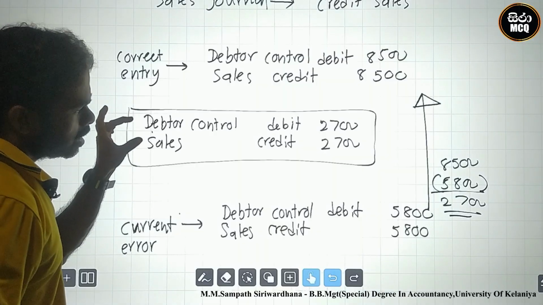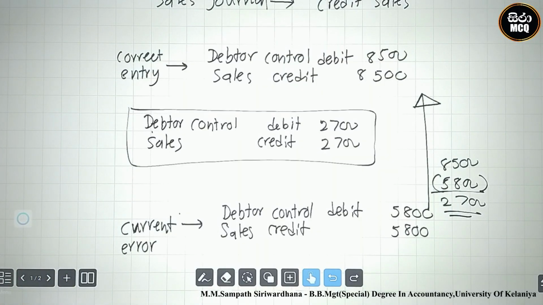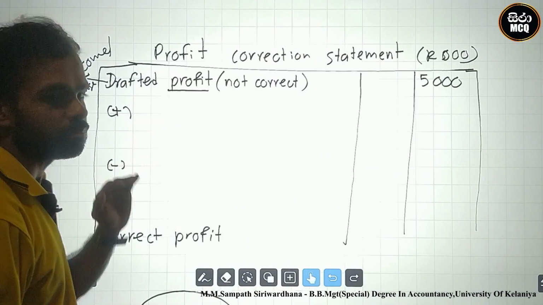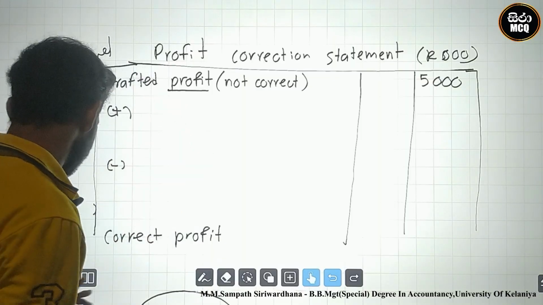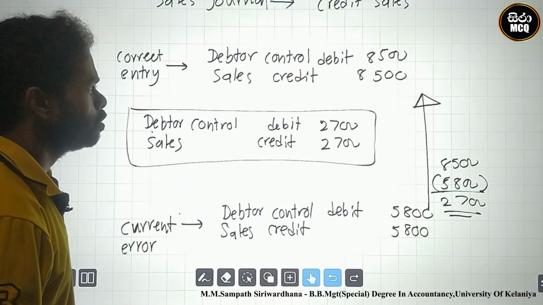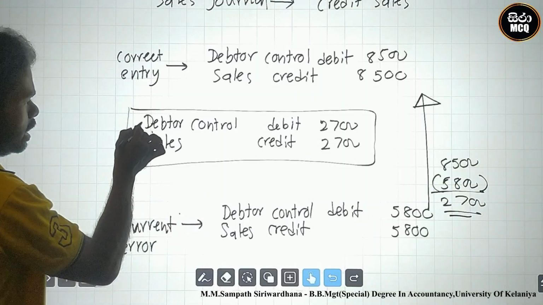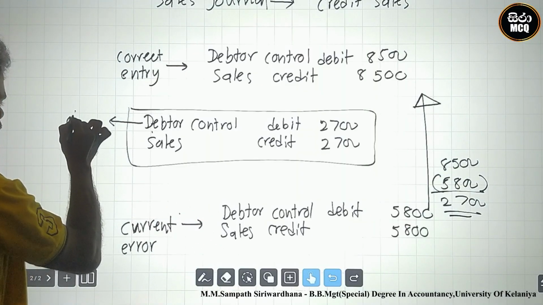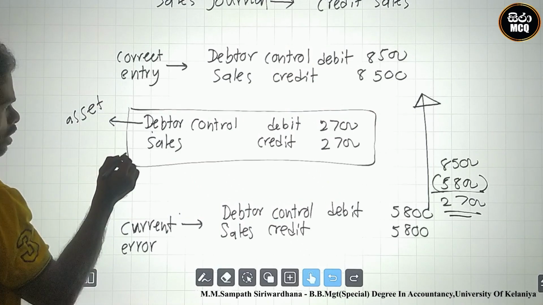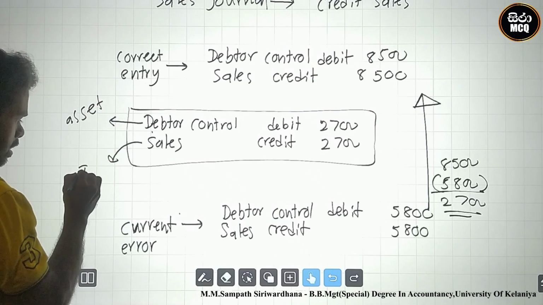Using this error correction entry, I can rectify this error, rectify this profit. Using which amounts? Only income and expenses. Debtor control is an asset. Sales is income.